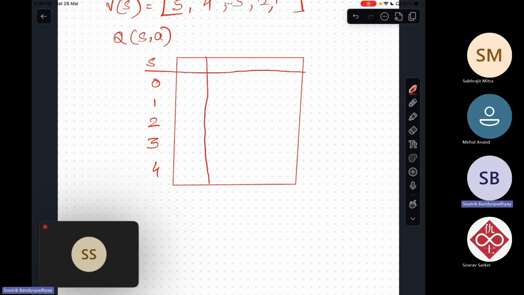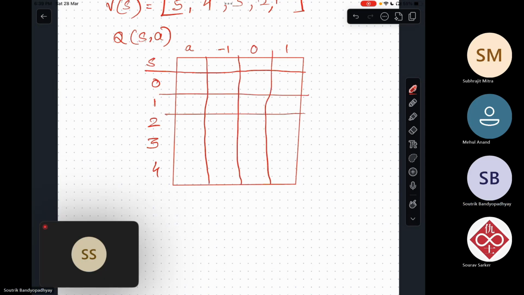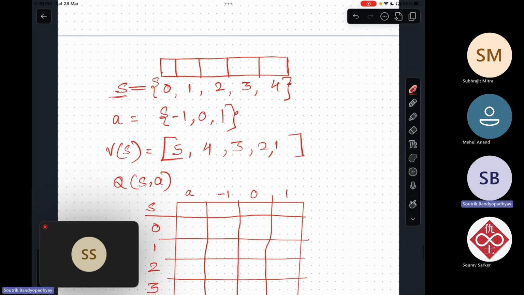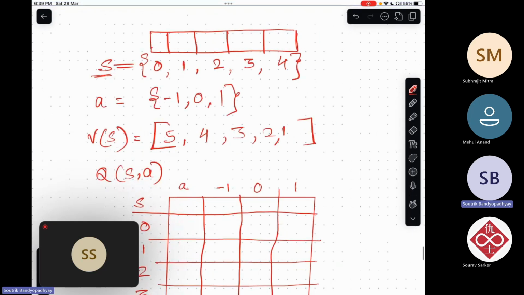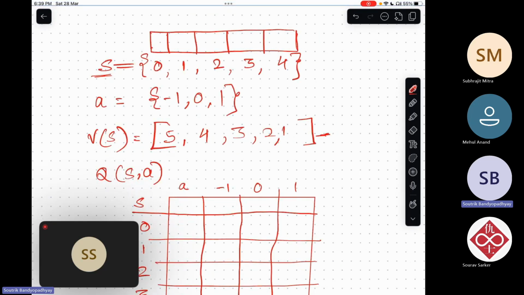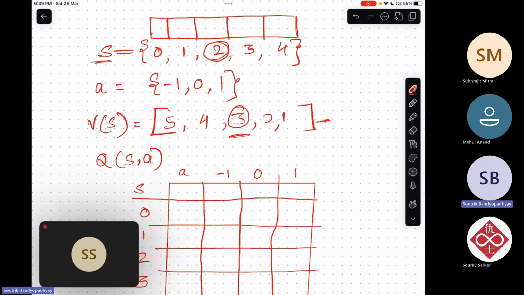And here I would tabulate all the actions. So this would be -1, 0, and 1. Now, notice here, suppose I give you these values, and I'm saying that I am currently at state 2. So this is the corresponding value. What action would I pick?